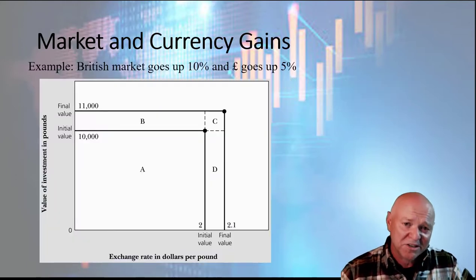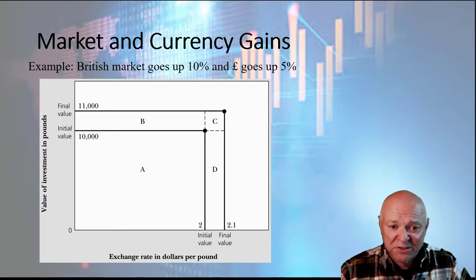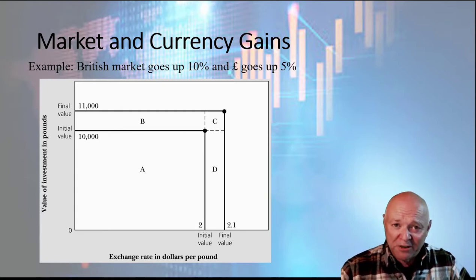And here we've got an example using an investment originally in British pounds. For example, let's say that you bought some stock in British Airways, and you have invested £10,000 to buy the shares. Over the period, the price of your investment's gone up to £11,000, so you've been successful in local terms, in pound terms.